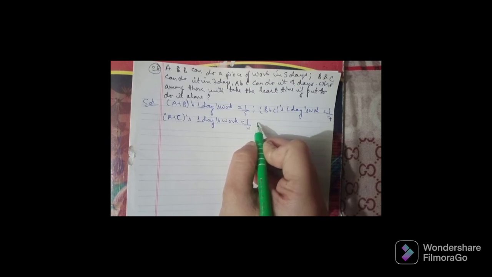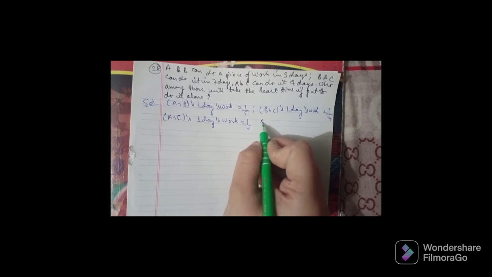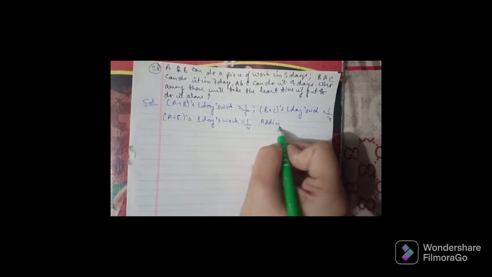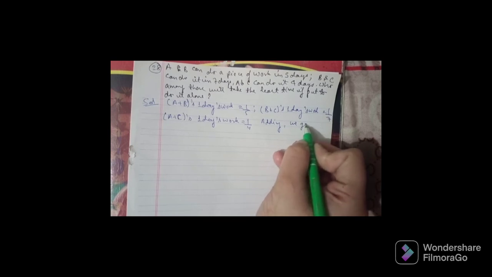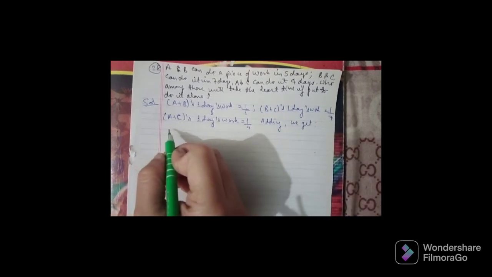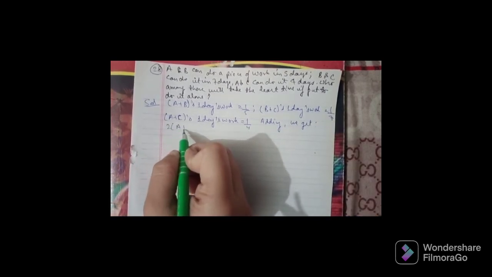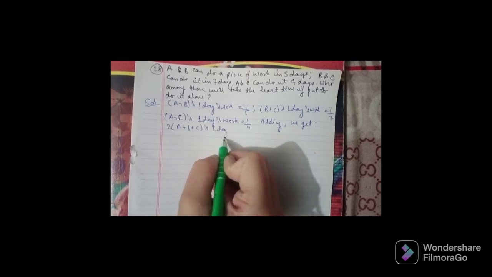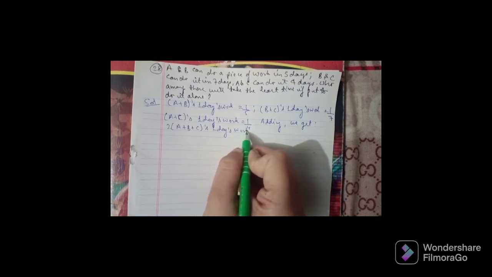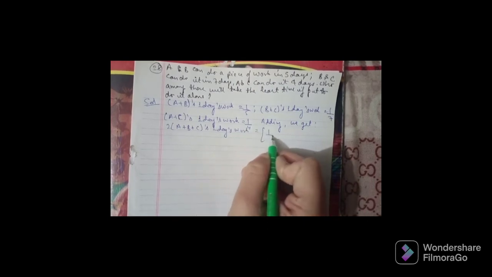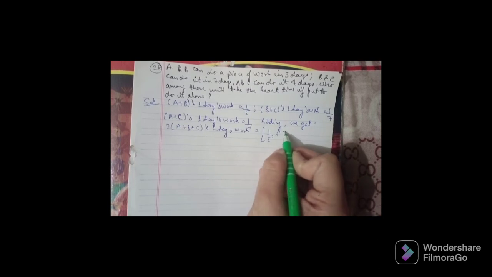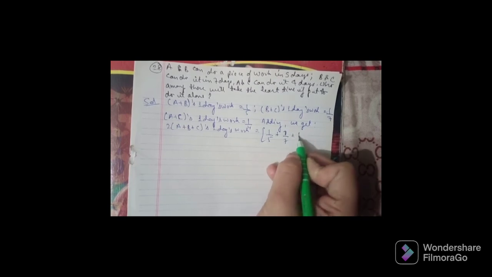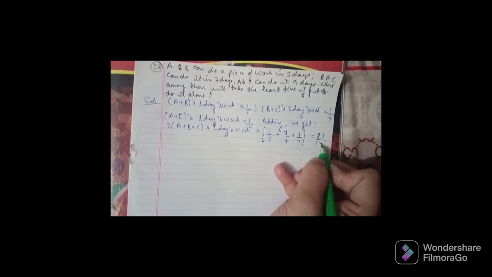Adding, we get 2(A plus B plus C)'s 1 day's work equals 1 by 5 plus 1 by 7 plus 1 by 4, which equals 83 upon 140.